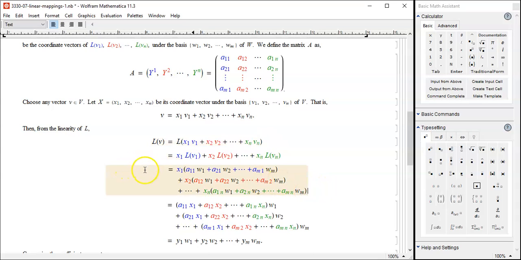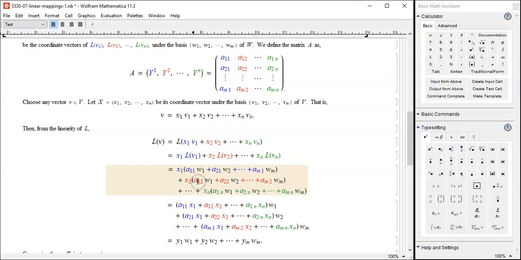Okay, now let's do a bit of algebra here. Instead of getting all those x's and then all those w expressions, let's switch order and get all those w's together and rearrange the additions and scalar multiplication, and we get this expression, A11 x1, A12 x2, all the way up to A1n xn.